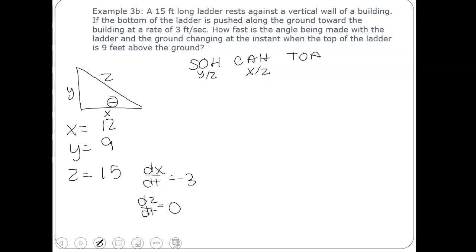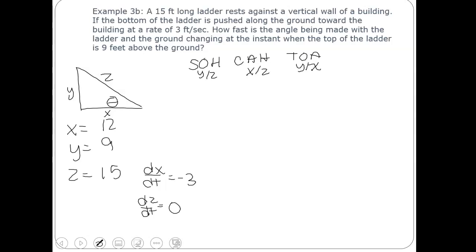Tangent is going to use y and x. If I don't know dy/dt, then I don't want to pick a trig function that has y in it.